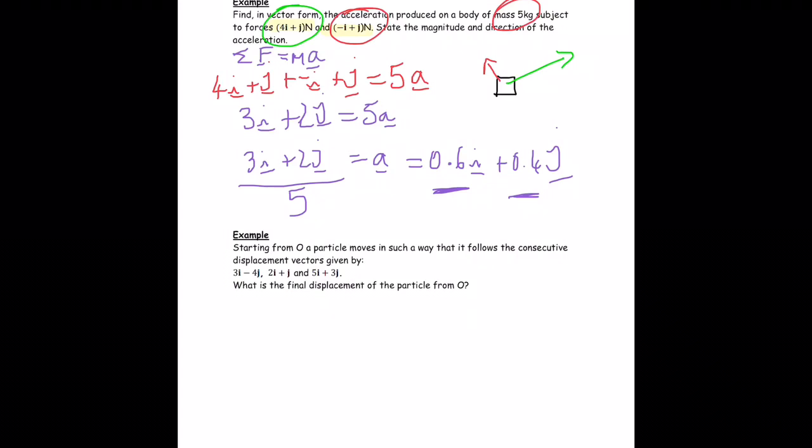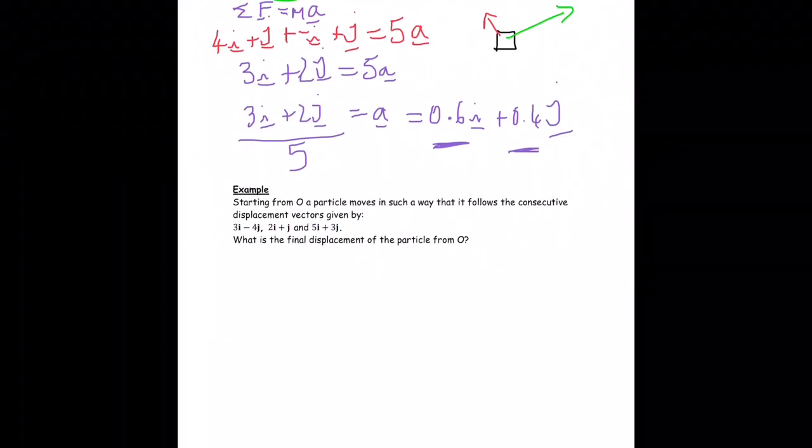The other thing we can use vectors for is to represent displacements. Displacement is again just kind of like a path in space. What would happen if you've got an object and it follows these 3 displacement vectors? So it's going to go 3I minus 4J, something like that.